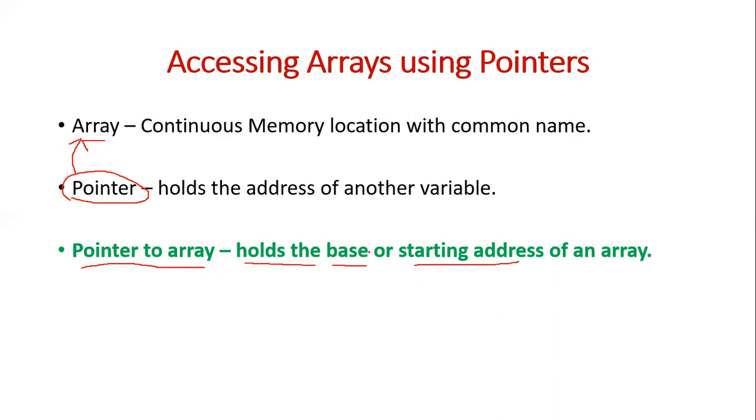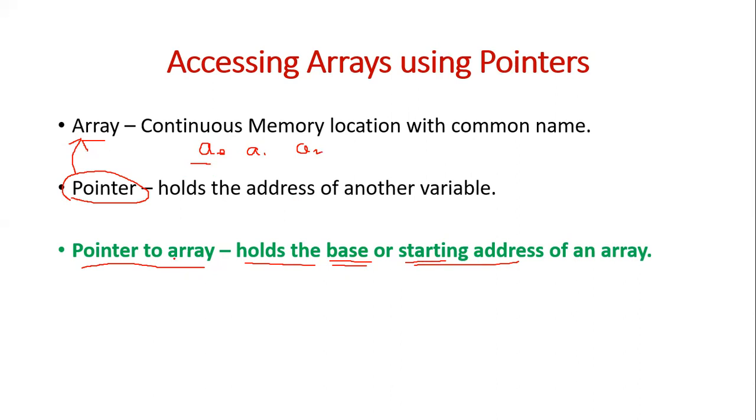Then that pointer should point to the base address or the starting address of the array. What is the base address? Base address is nothing but the address of the first element of the array. As you know, an array contains many elements. If the name of the array is A, then A of 0 will be the first element, A of 1 will be the second element, and A of 2 will be the third element. Everything will have an address.